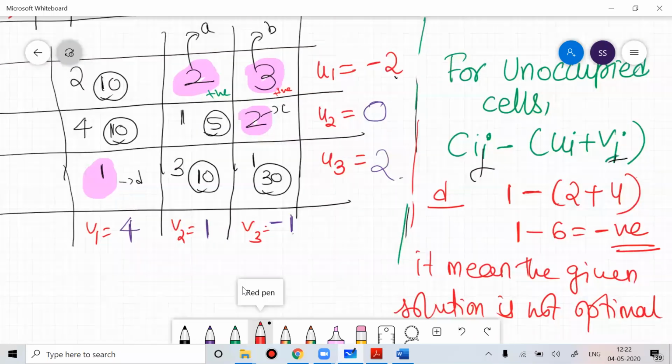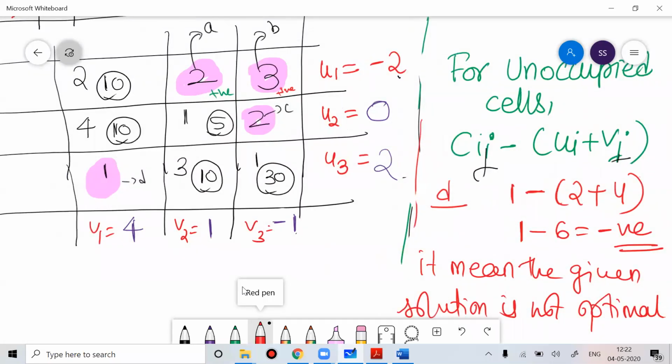So for all the unoccupied cells, I use the formula Cij minus Ui plus Vj. All the unoccupied cells, I wrote them A, B, C, D. A, B, C, all I got positive, but D is negative. Clear? Anyone have a doubt? It means the solution is not optimal.